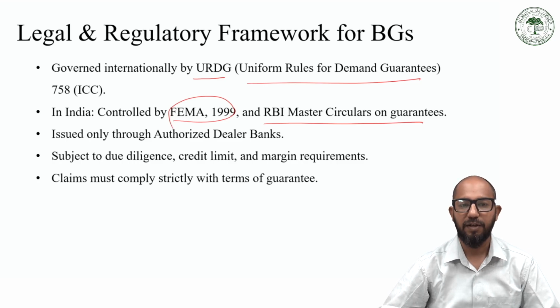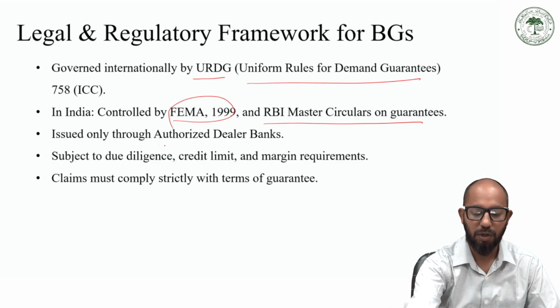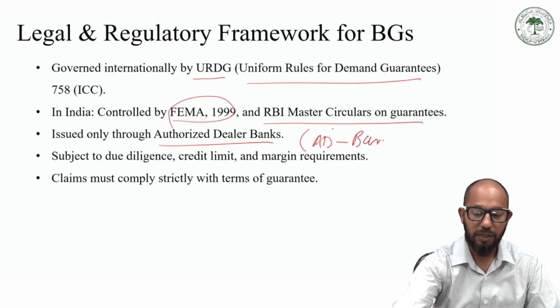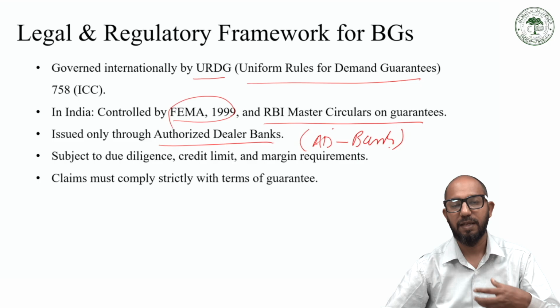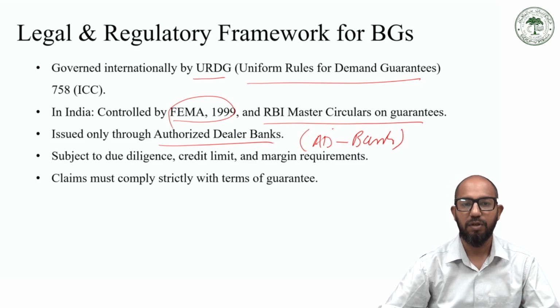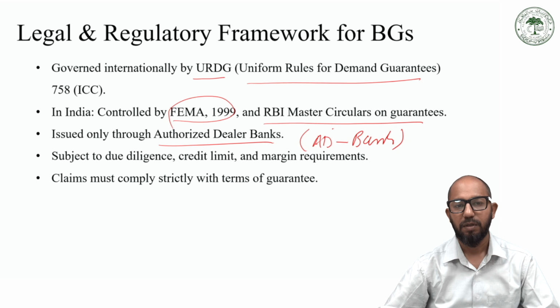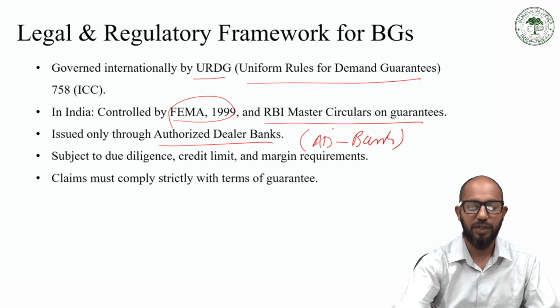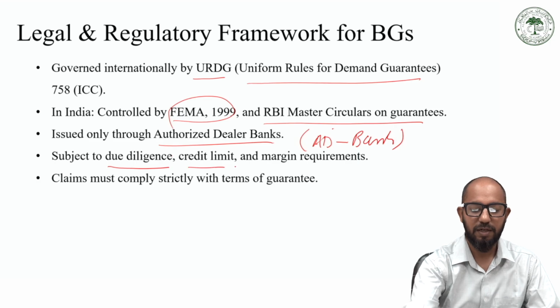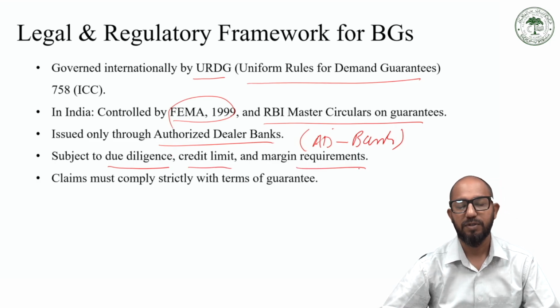These bank guarantees are issued only through authorized dealer banks, which are known as AD banks in short, because they are given the authority to look into the guarantees and then only they can proceed. In addition to this, these bank guarantees are subject to due diligence, credit limit, and margin requirements.